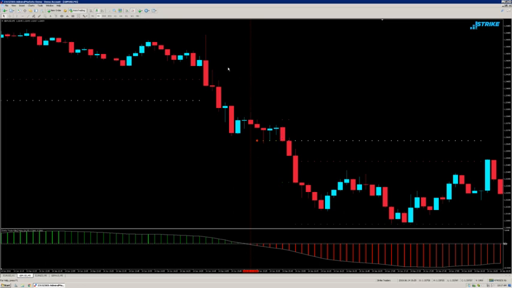So back to where I was. Basically what we're getting is the very beginning of new momentum here. And what then happens is that the system will plot a yellow line, and if it's a current signal, it will be a solid yellow line.